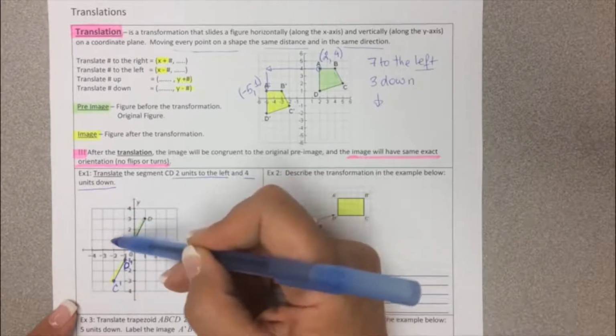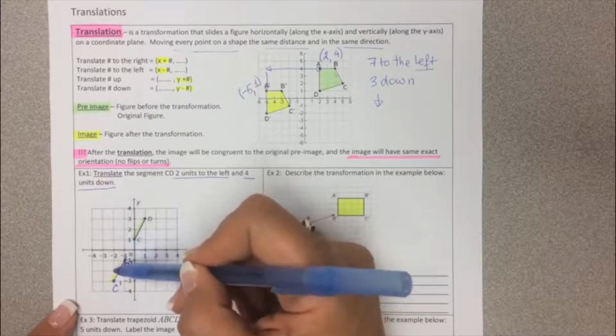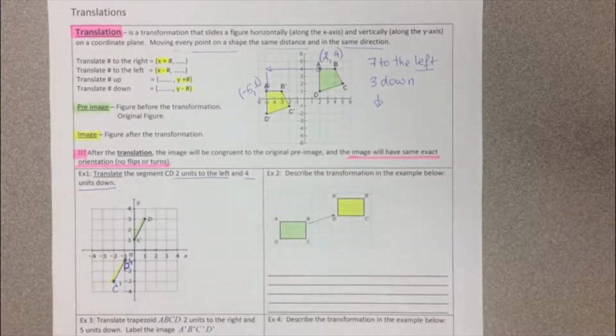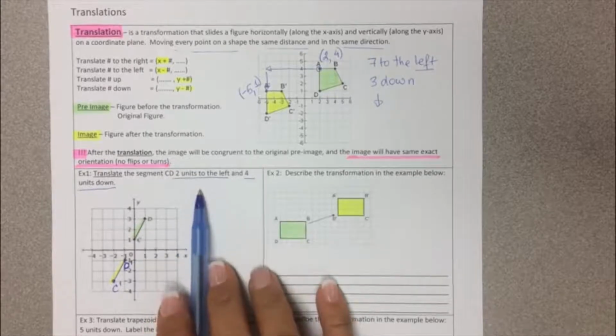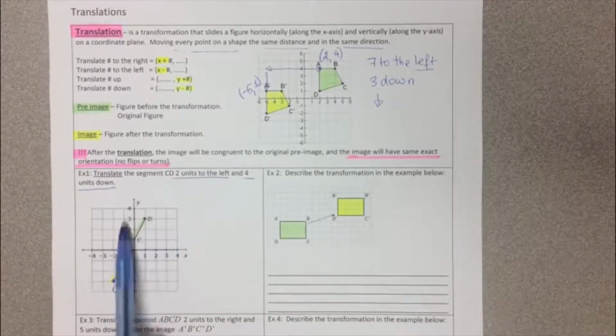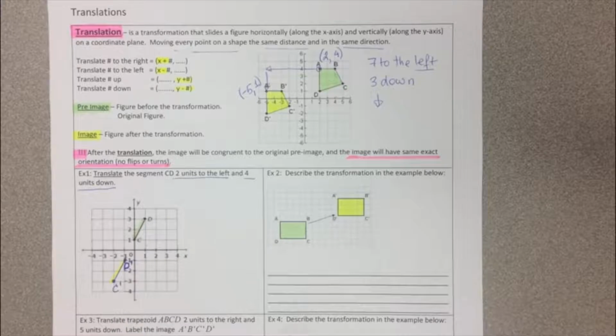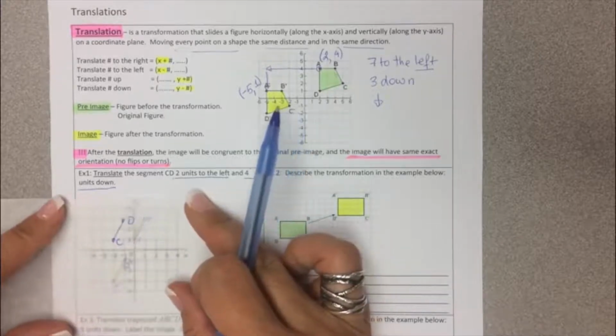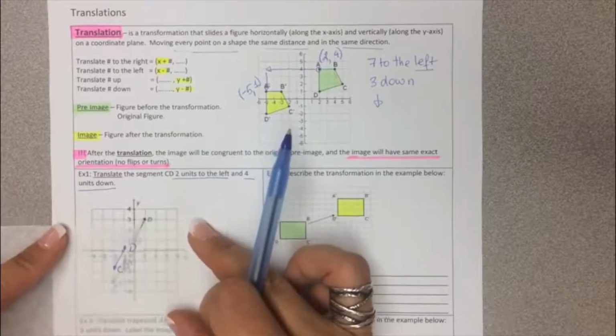Point C, 1, 2, to the left, 1, 2, 3, 4, down. Every point has to move the same number of units in the same direction. So we can do one point at a time, or we can use the transparency to see that in motion. 1, 2, 1, 2, 3, 4.